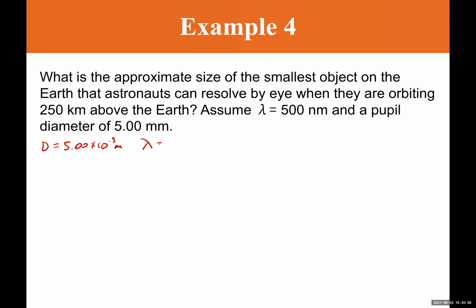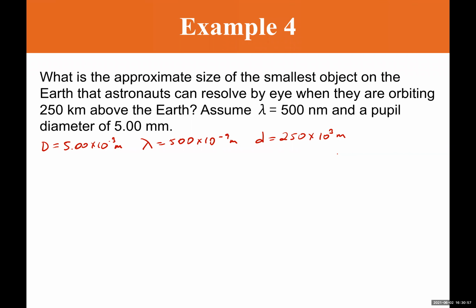Okay. Wavelength is 500 nanometers. And then we're given the distance, right? 250 kilometers. So this equals 250 times 10 to the 3 meters. That's basically kilometers. All right.